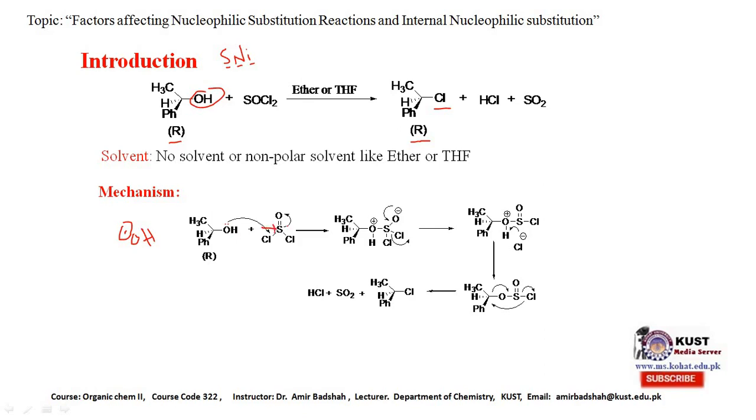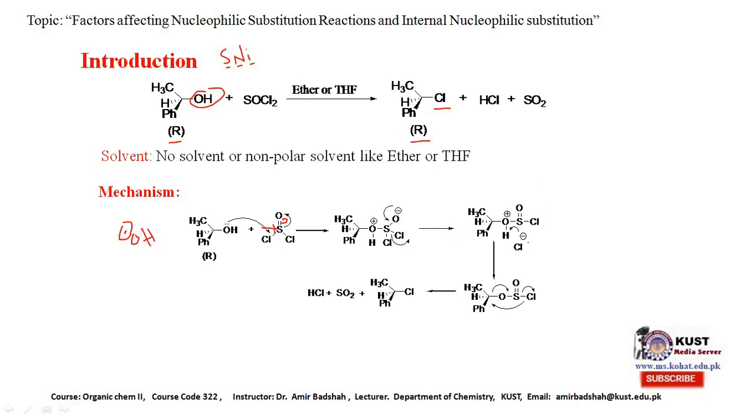After the attack on sulfur, these electrons will shift to oxygen, so a negative charge will appear on it, and positive charge will appear on the other. Then this negative charge will come back and form a double bond with sulfur, and this chlorine will leave as a leaving group.